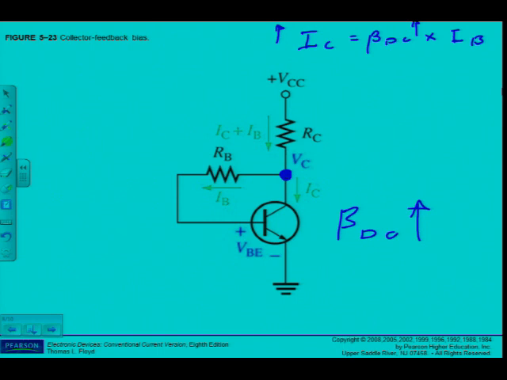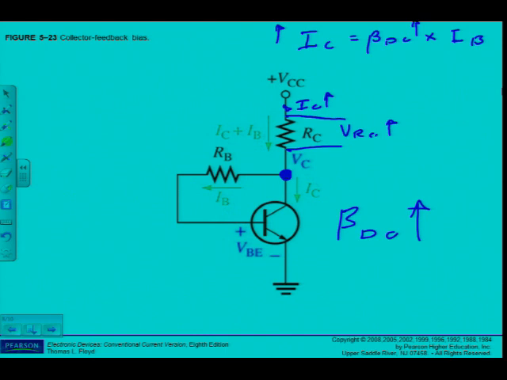Alright, so if IC increases, what is going to happen to the voltage drop over RC? Ohm's law, V is equal to I times R. So if I increased, then VRC should also increase.